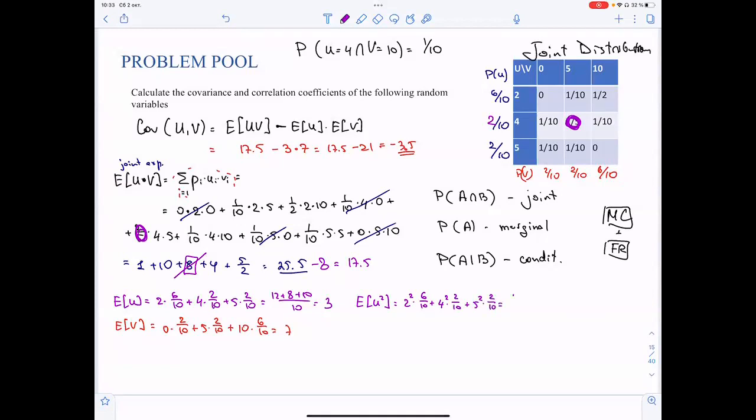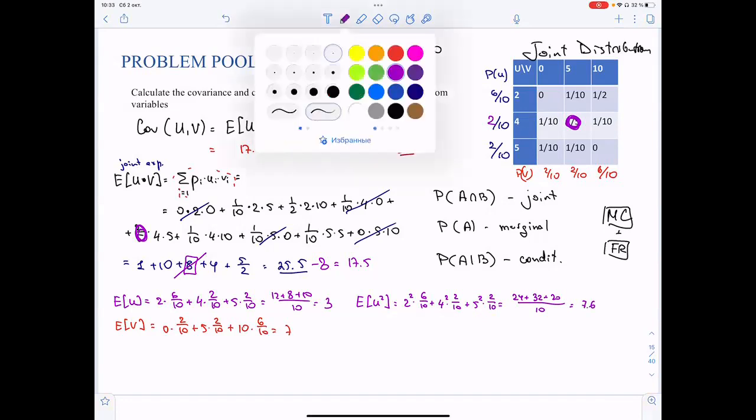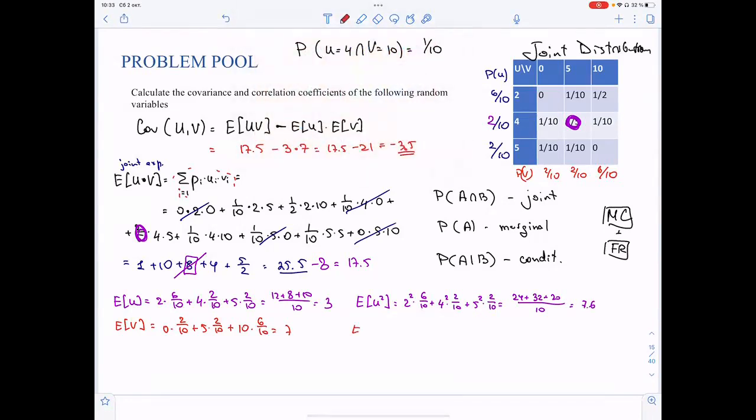All right, then I have 24 plus 32 plus 20 divided by 10. So it's a 56, 76, so it's 7.6, I guess. All right, let's do the similar with V squared.